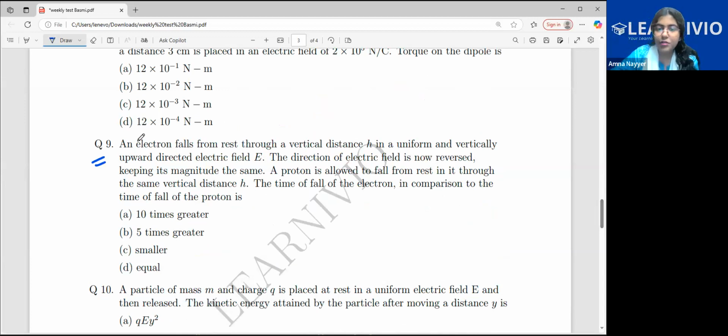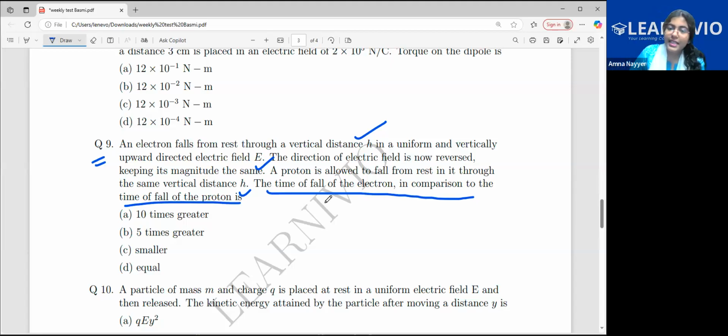The force due to the charged particle. See, vertical height is given, electric field is given, this height, that height, everything is given. Finally, what's the question? The time of fall of electron in comparison to the time of fall of proton. I told you that the questions often give this. They always compare electron and proton together.